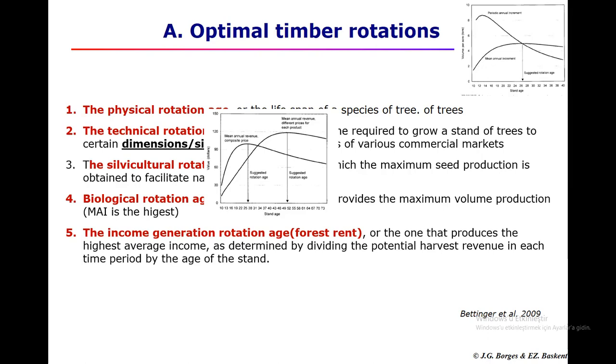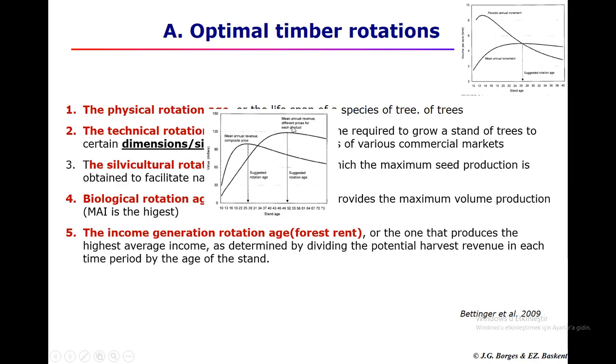It's not the amount of volume, it's the revenue, that means the financial return. That means the amount of volume multiplied by the unit prices divided by the age at which the revenue is calculated. This is the picture that illustrates this rotation period. This is the mean annual increment. This is the amount of volume multiplied by the total harvest.